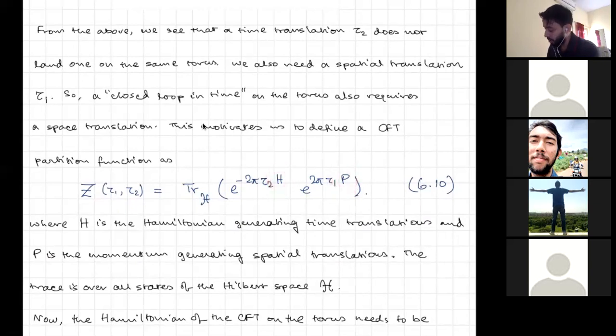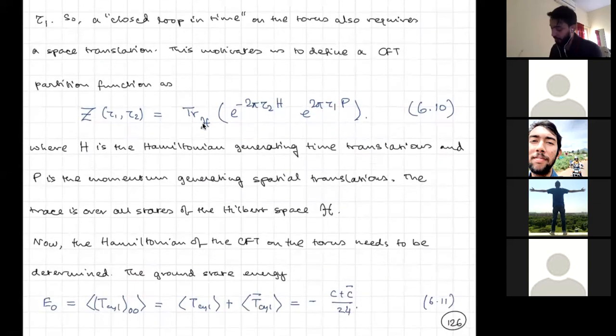Okay. So remember that if you are looking at the ground state energy, that's just the 1-point function of T naught naught on the cylinder. Sorry, this is an exercise we did earlier, and you can come up with the fact that this is just minus (C plus C bar)/24. This is the Schwarzian, right?